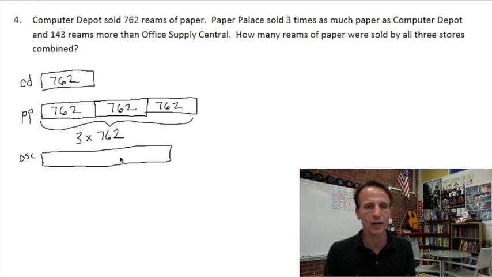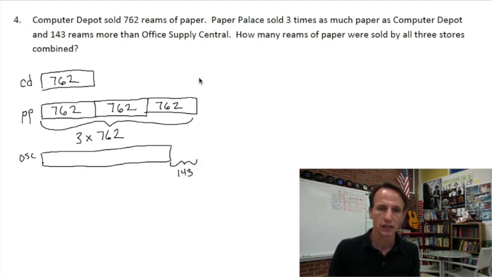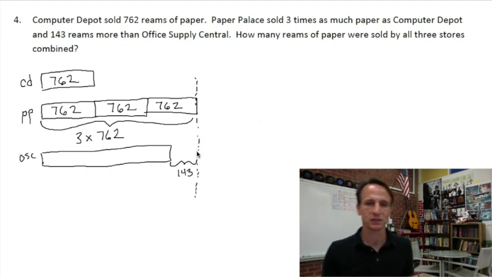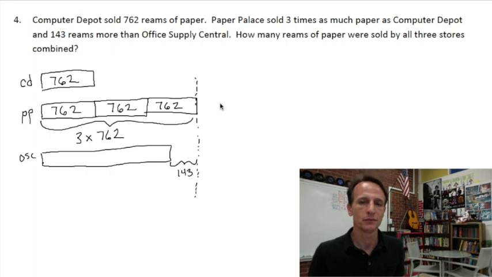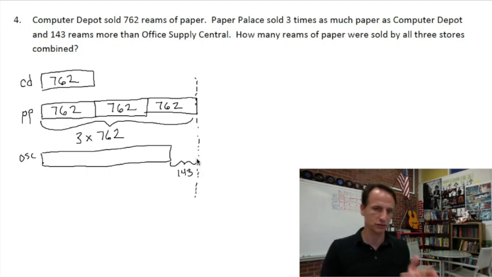And we don't know how much this is, but what we do know is this. The difference between them is 143, and I'll drop my infamous dotted line. That's why it's infamous, because it's weird looking. So we could see, okay, it's that much less.